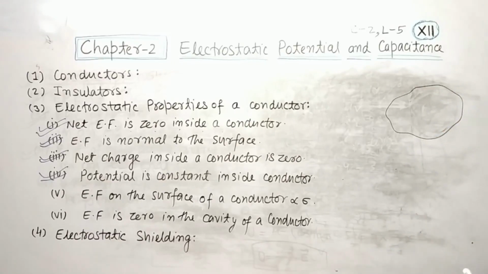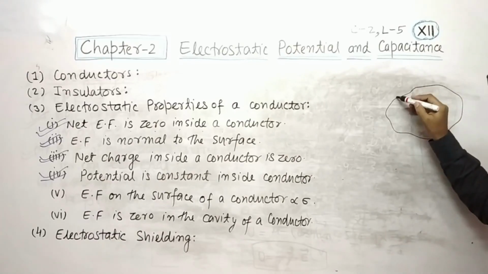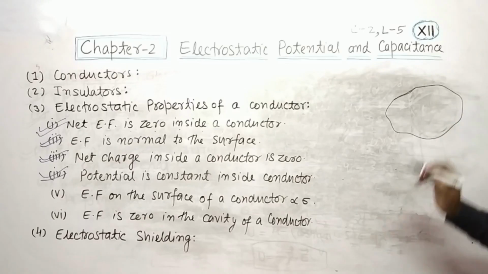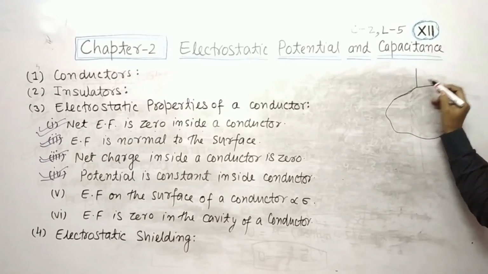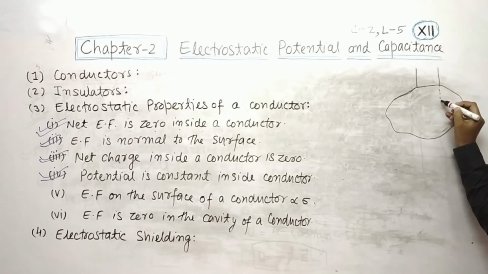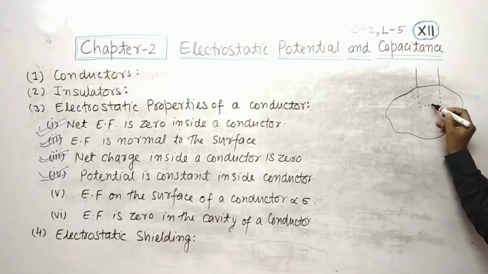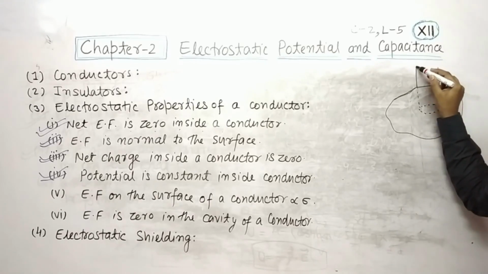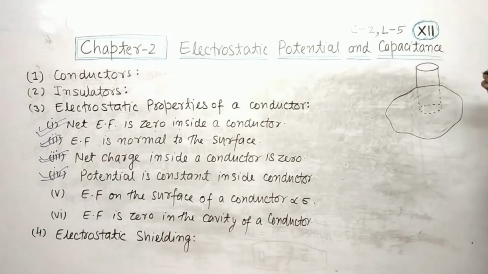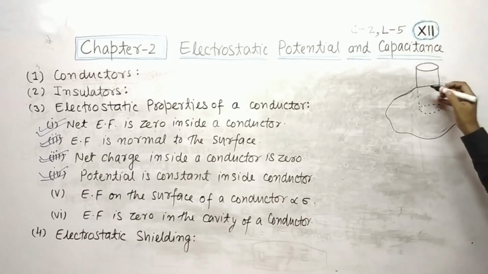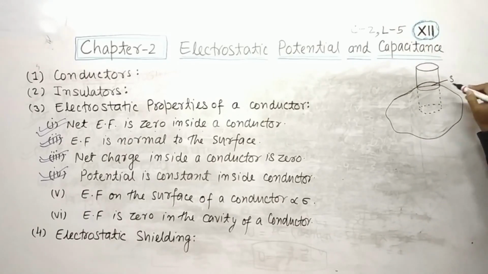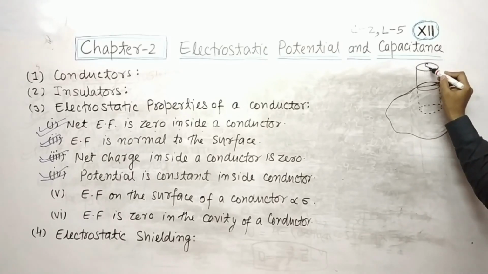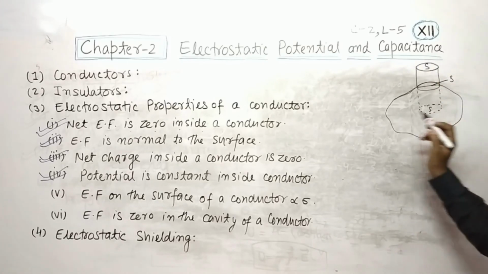Take a Gaussian surface, let us suppose a cylindrical Gaussian surface. Half portion is inside the conductor and half portion is outside the conductor. This is the surface S, this is also S, this is also S.